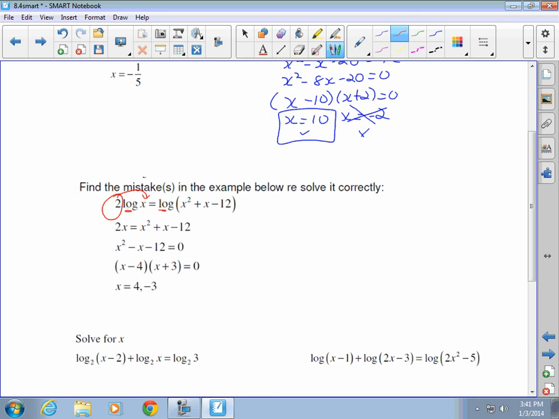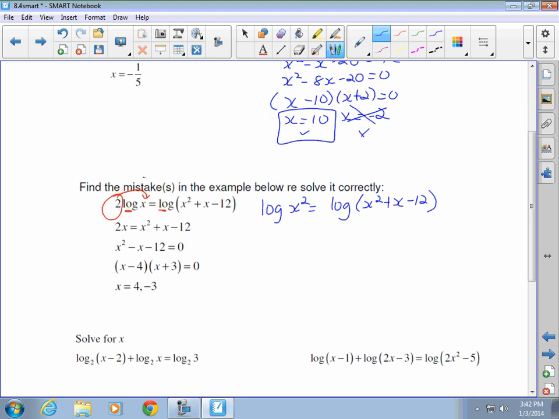This is the power rule. So what this should have looked like is log of x squared is equal to log of x squared plus x minus 12. So now you have the same logs happening, so you can drop your logs and start solving.